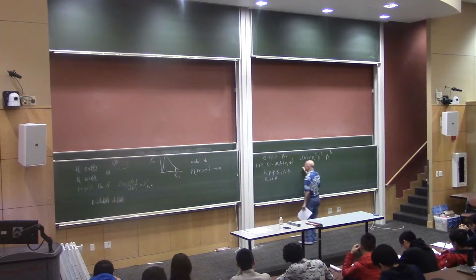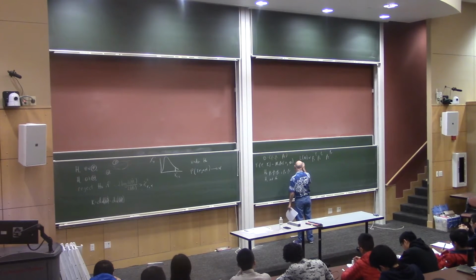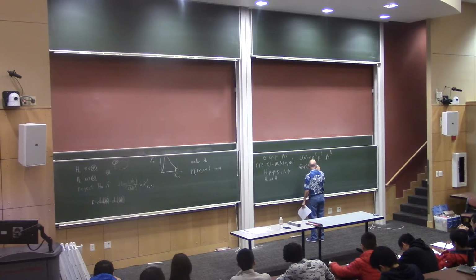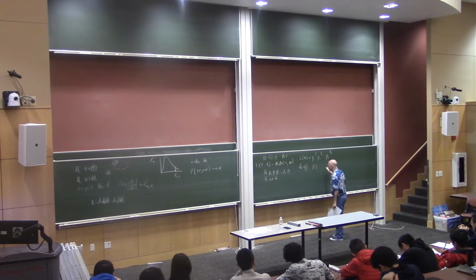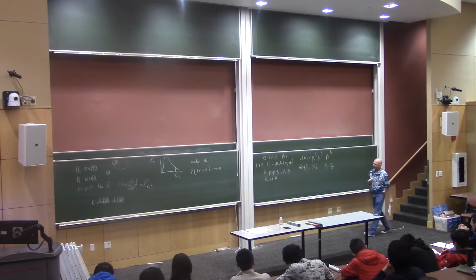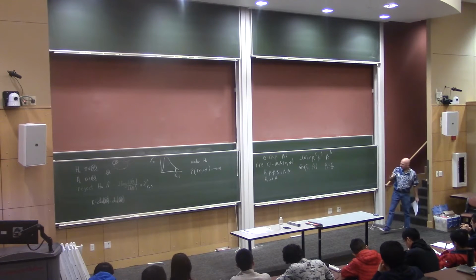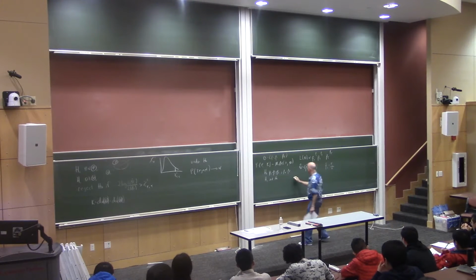But the MLE is not surprising. It's sort of what you think it would be, where PJ hat is just Yj over n. The trickier part is, so let's write down the Lagrange version of this actually.